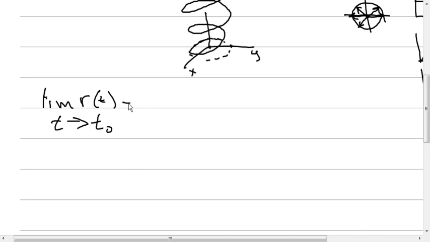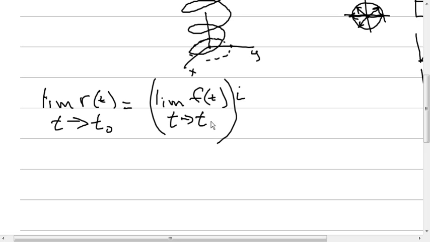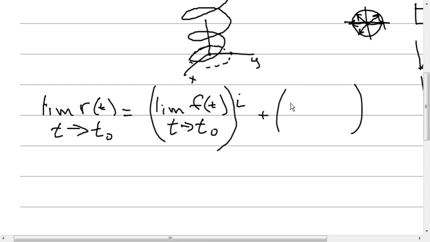Well, that's simply, I mean, this thing is x, y, and z, and so all we have to do is figure out, and we know how to do this, the limit of the function f(t) times i as t goes to t naught, plus, and then once again, I'm not going to write them all out here, but the limit of g(t) as t goes to t naught times j. So in other words, we just deal with the x and y independently.